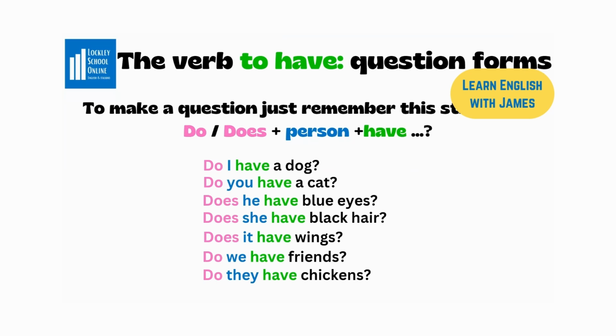Do you have? And remember that he, she, and it are different. Does he have? Does she have? Does it have? And remember that I, you, we, and they are all the same. So do I, do you, do we, do they have?